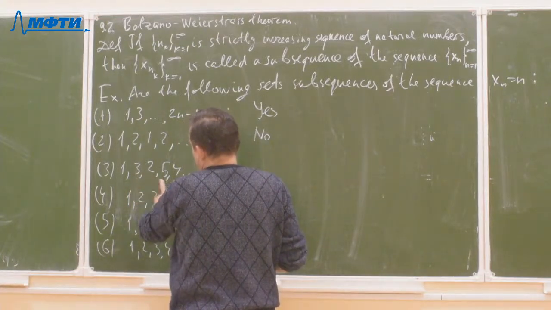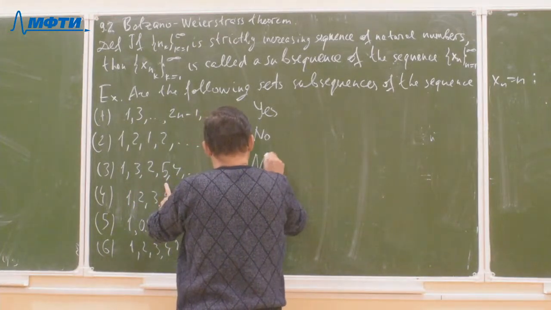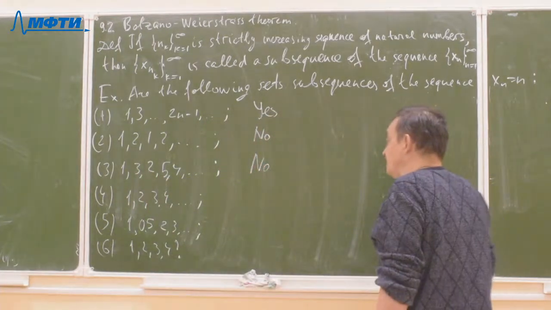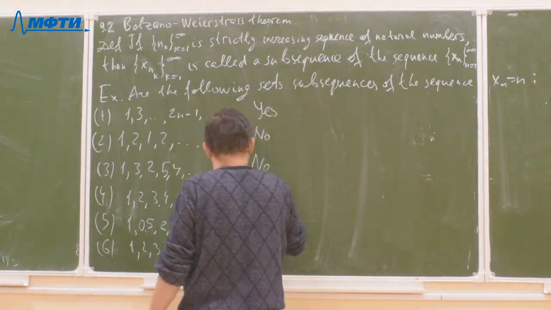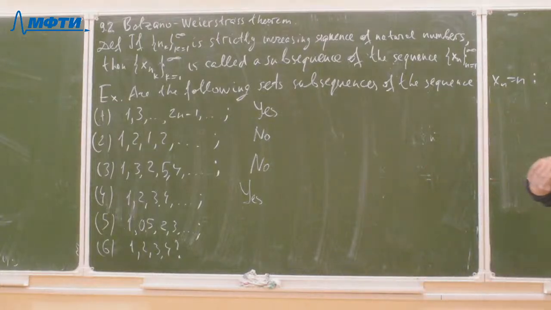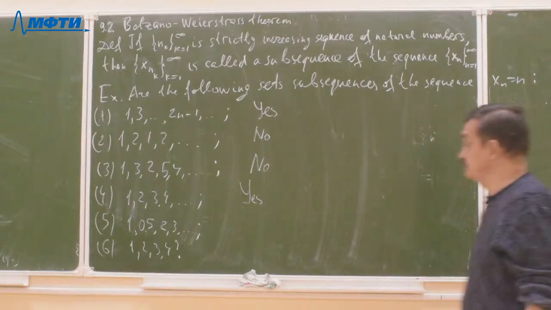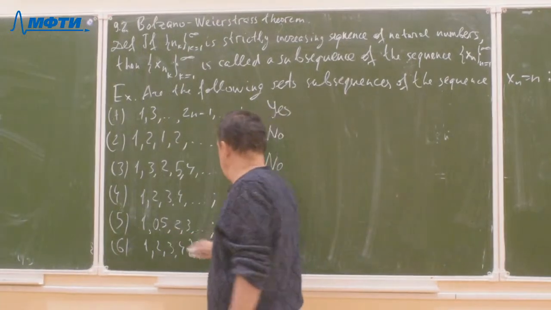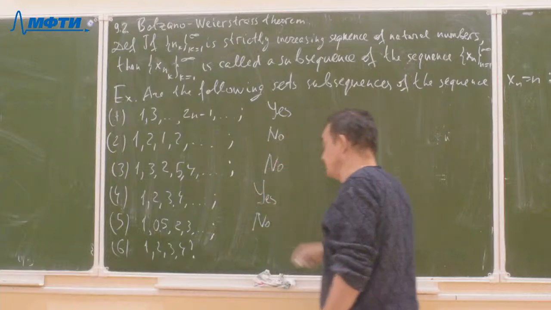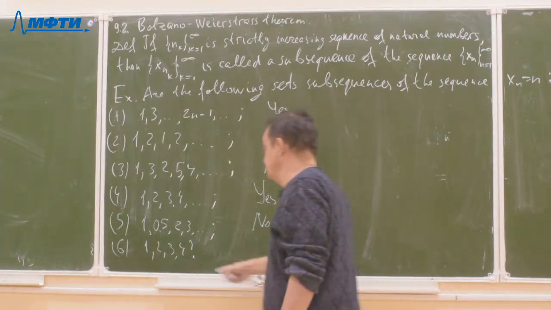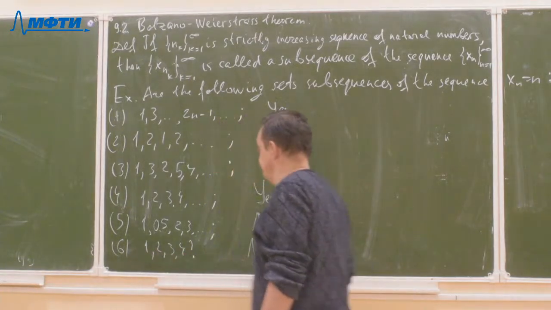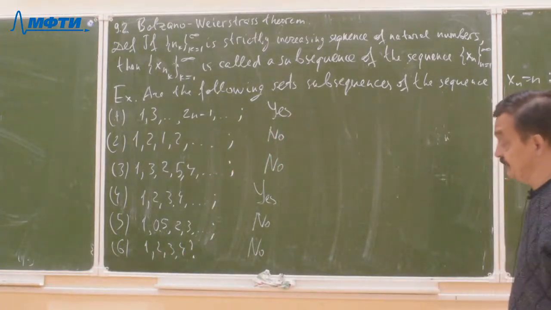Here also no, because it is not increasing. Here the answer is yes, so the sequence itself is a subsequence as well. Here the answer is no, since 0.5 doesn't belong to our sequence. And here the answer is no, since that is a finite sequence.